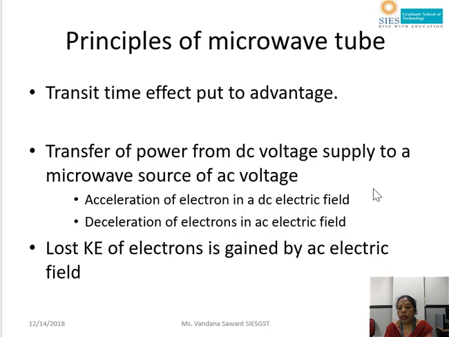So these principles are implemented in the conventional tube so that it can be used for the generation of microwave signals. How we can change the structure, or how we can use the transit time effect or kinetic energy loss effect in a more advantageous way for generation of a microwave source, we will see in our lecture number 2.